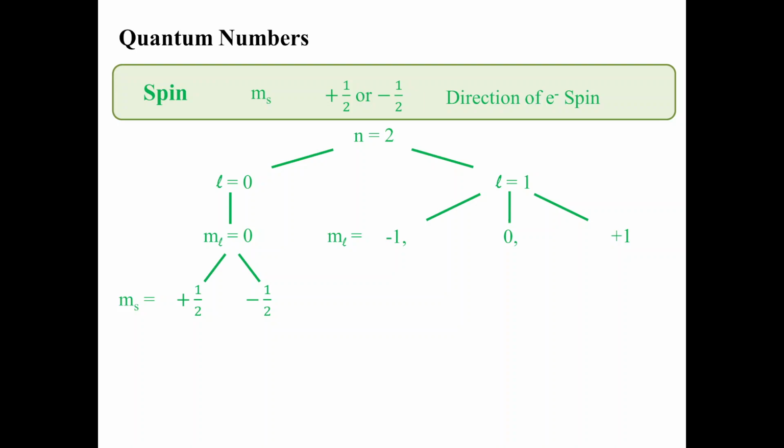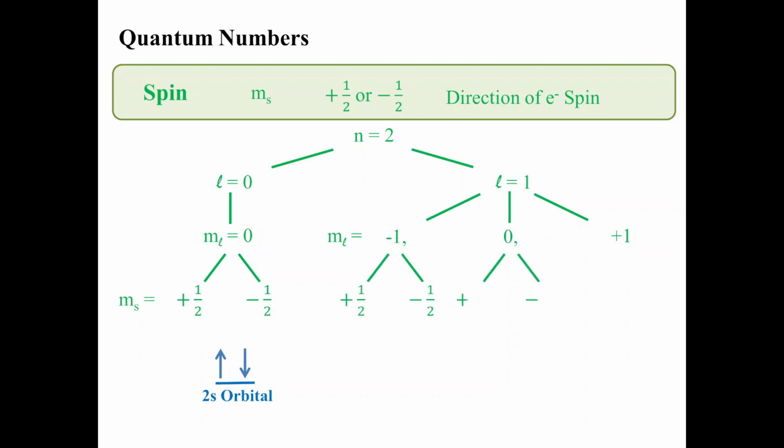And so if we were to represent this in an orbital diagram, we'd have a 2s orbital, and for the +1/2, we'd say it'd be spin up for our electron spin, and for the -1/2, we'd have a down spin for our electron. And we can do the same thing for L equals 1.